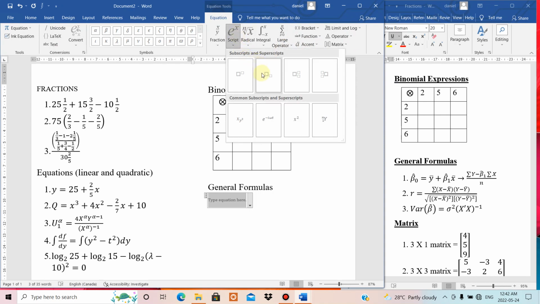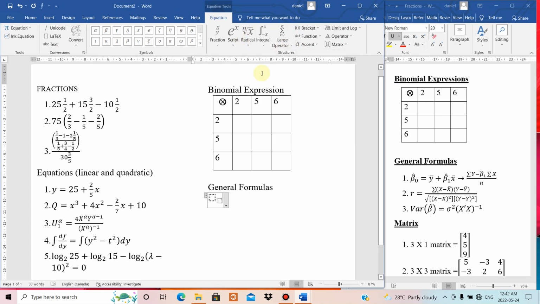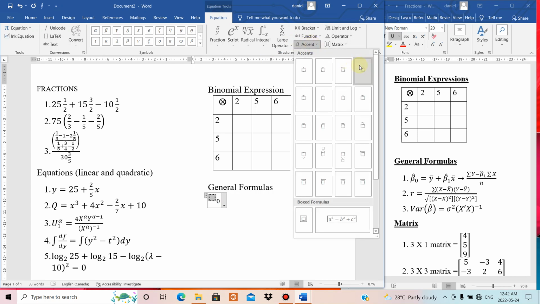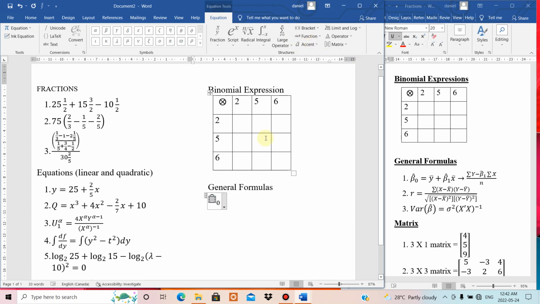So script, we have a subscript of 0, and the value itself has an accent hat on it. So that's beta, that's beta hat. So that's what we've typed neatly.